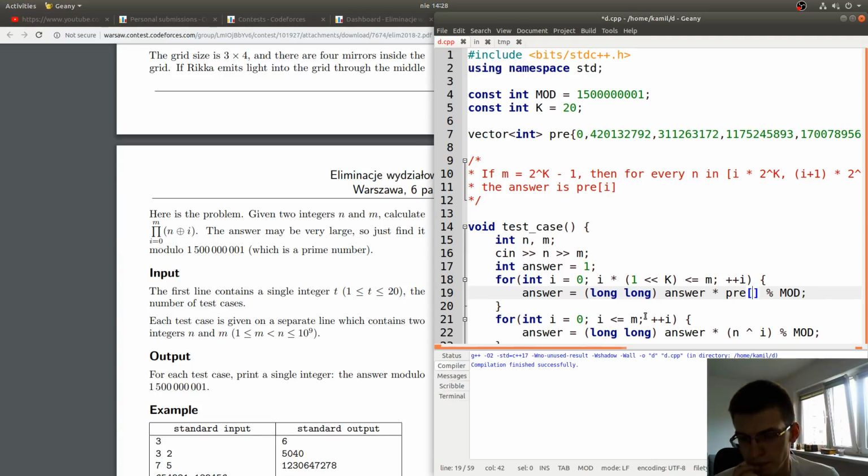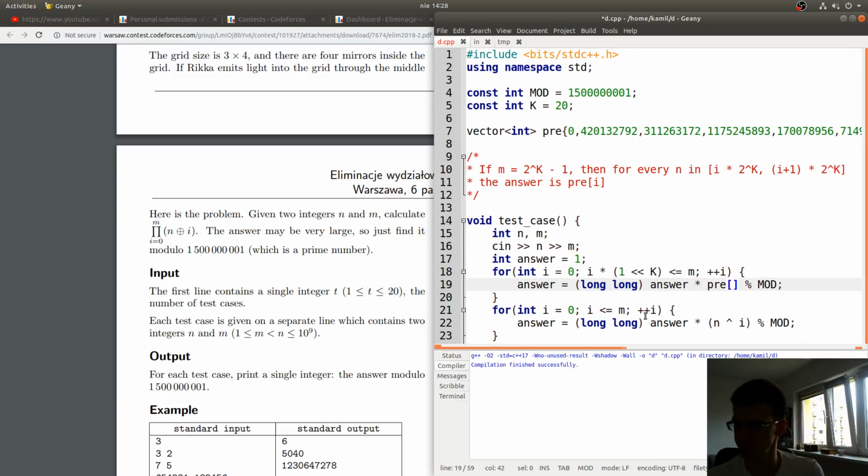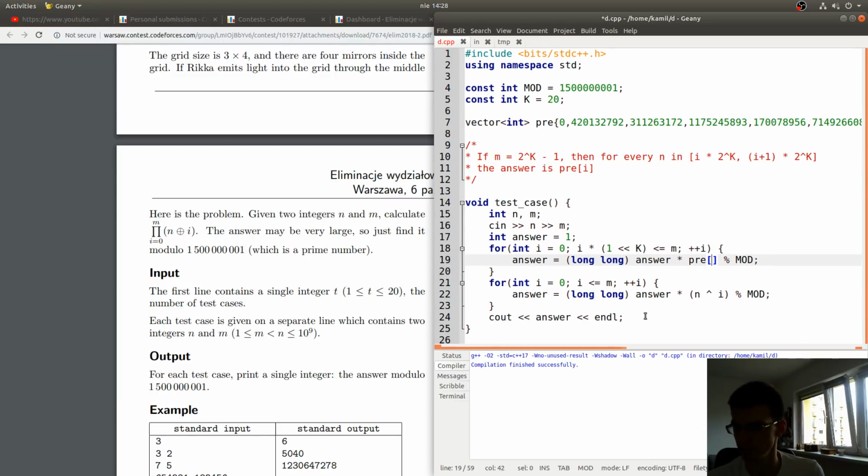What to put here? Let's think. We first had n divided by 2 power k.